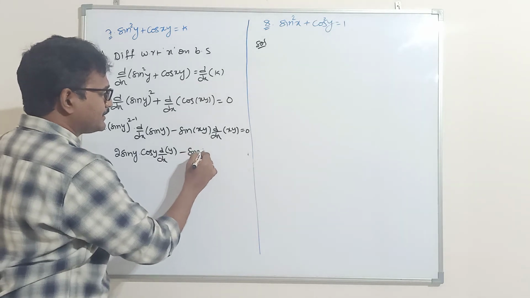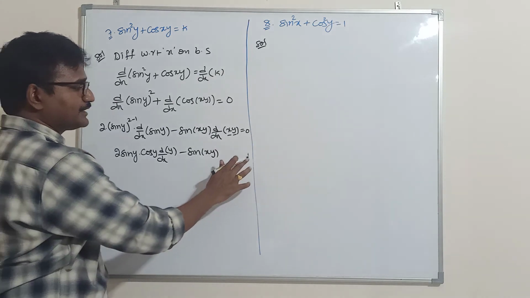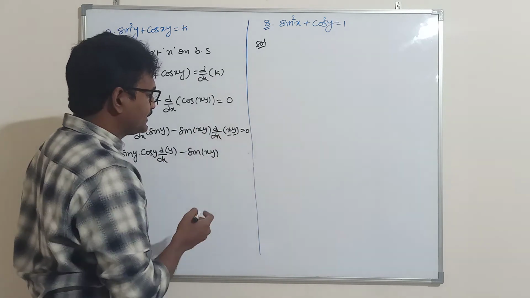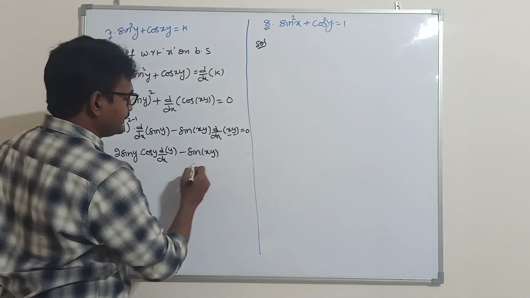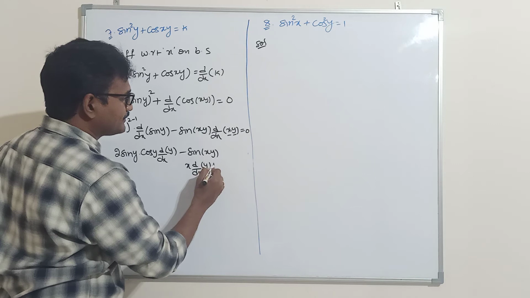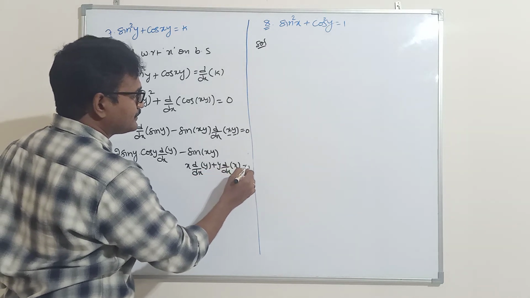Minus sin of xy into, in x, y, two different functions are there, and between the two functions a product sign is there. So apply the UV rule: x into d by dx of y plus y into d by dx of x is equal to 0.